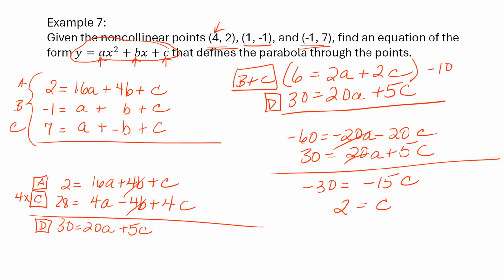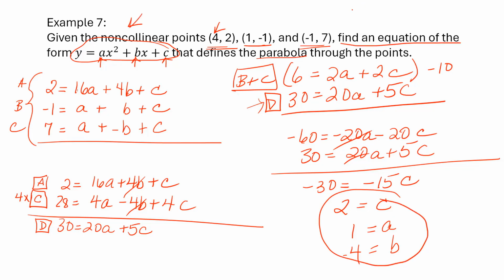Now if I go back and plug c back into equation d, b is going to be -4. So these are the coefficients of the parabola. So it's going to be y equals x squared minus 4x plus 2.